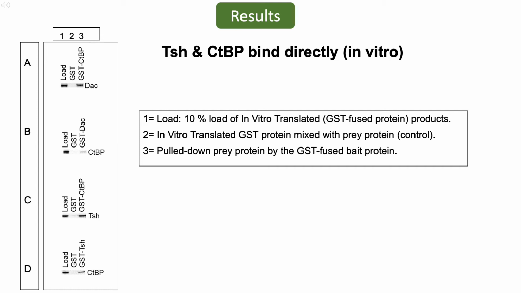When we use antibodies against t-shirt, we're able to identify that using GST CtBP as our bait, we pull down a complex of t-shirt and CtBP. And in D, using GST as our bait, we can see a CtBP marker in the Western blot. So this shows that in vitro, we were able to recover some kind of physical complex or interaction between t-shirt and CtBP.